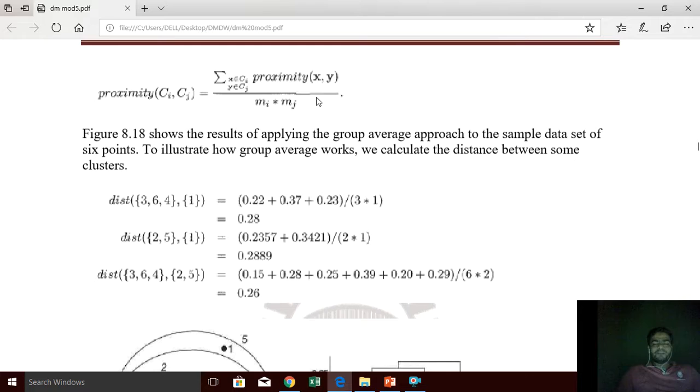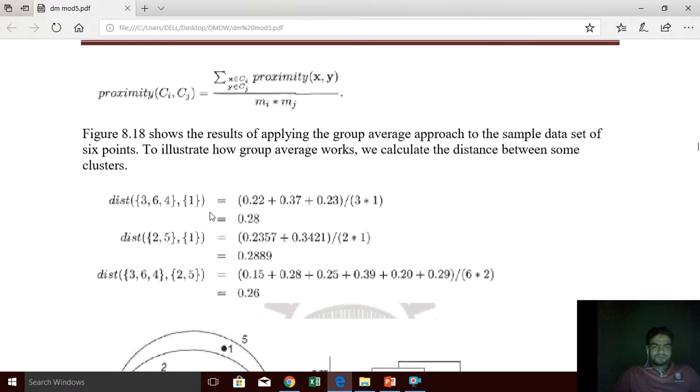When you have multiple points connecting two clusters, we need to take the proximity into consideration. So that is the summation for all x belonging to Ci and y belonging to Cj, proximity of x comma y, divided by mi into mj.